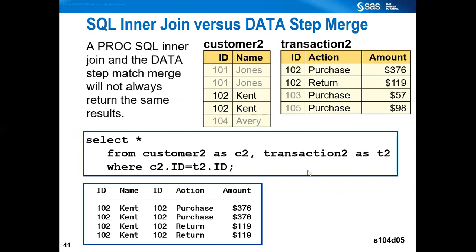All right. So now look at here. It's telling inner join versus data step merge. Proc SQL inner join and data step merge, match merge will not always return the same results. Why? Because look at this table carefully. Here for the same ID you have two rows. But for these two rows you have one row here, or two rows here.